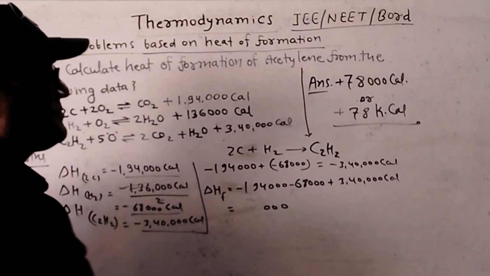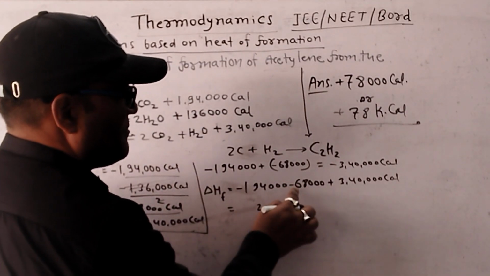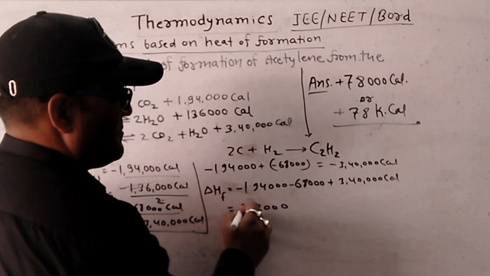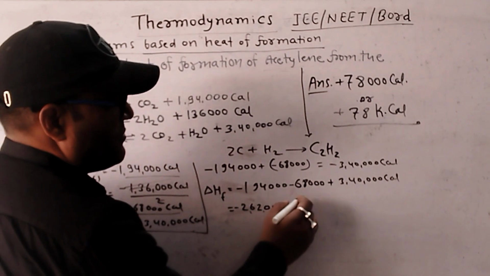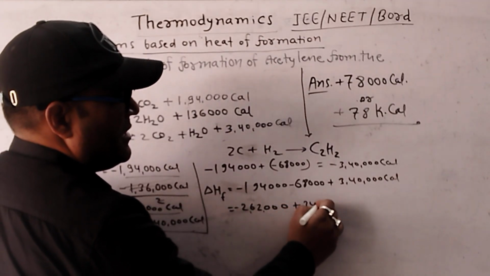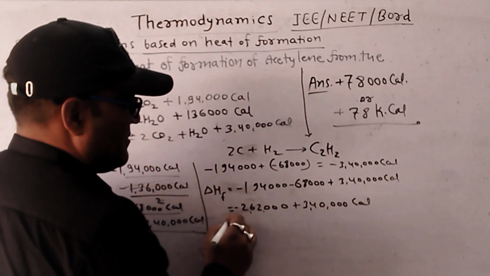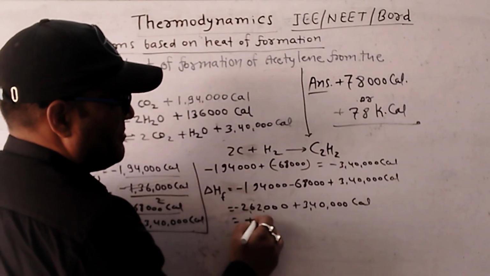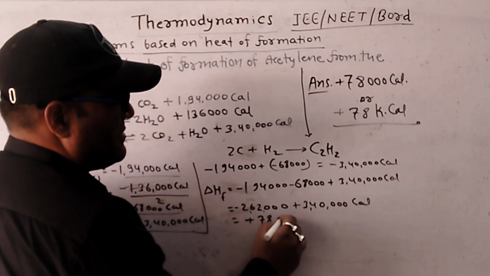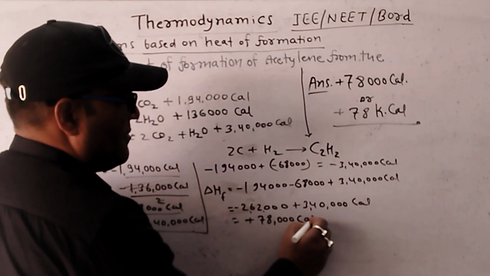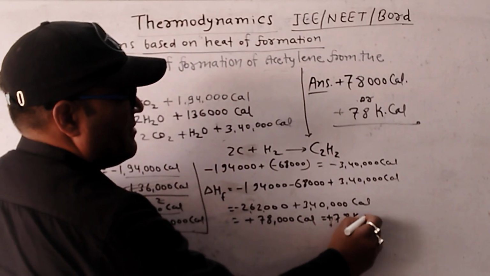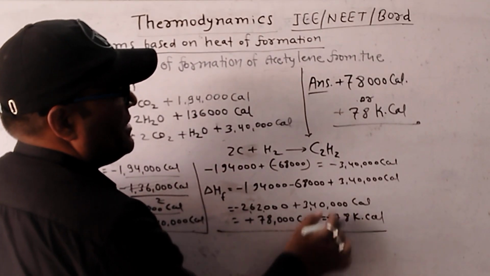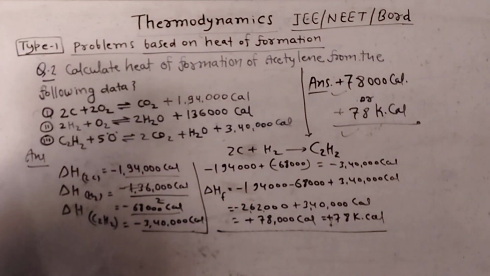After that, 2,62,000 minus 2,62,000 plus 3,40,000 calorie. Now after the sum we get plus 78,000 calorie, or plus 78 kilocalorie. So this is the answer. Now you can take this screenshot. This question is solved.